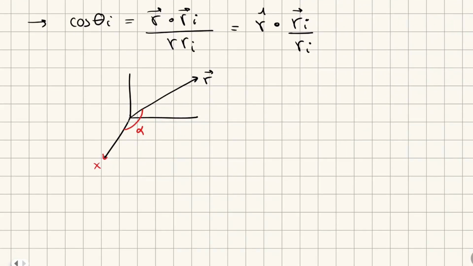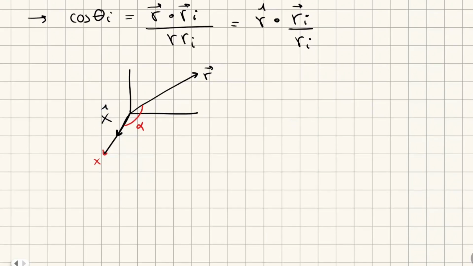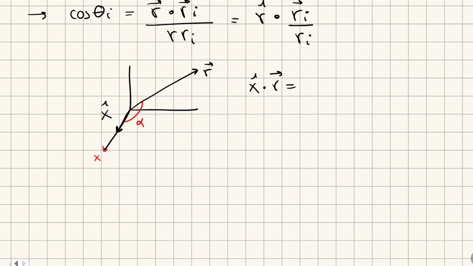Let's introduce a unit vector x in the x direction. We can say that the angle between x and r can be found with this formula. We have that x dot r is the magnitude of x, which is 1 because it is a unit vector, times the magnitude of r, times cosine of alpha.